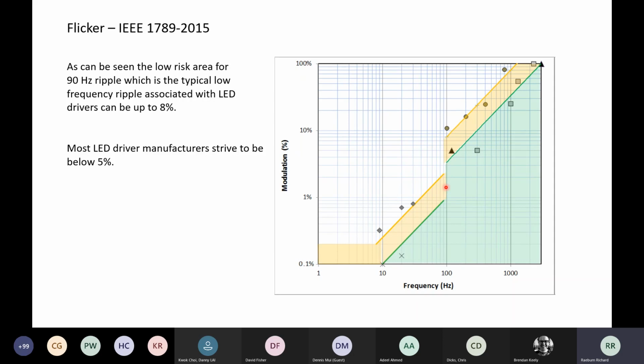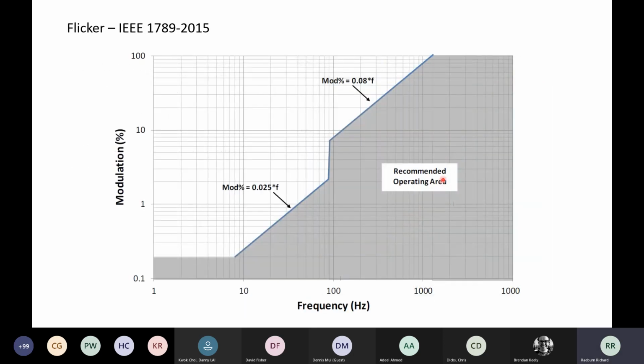Good quality drivers now are below 5%, so they shouldn't be an issue anymore. So here's the recommended operating area, and depending on the frequency it does change, of course. So here we have a lower value in this region here, then up to 9% there or above, depending on the frequency.